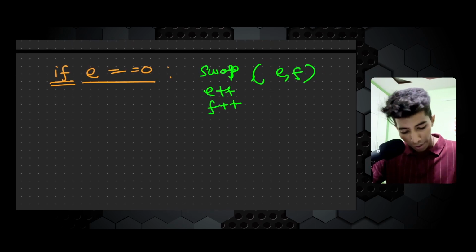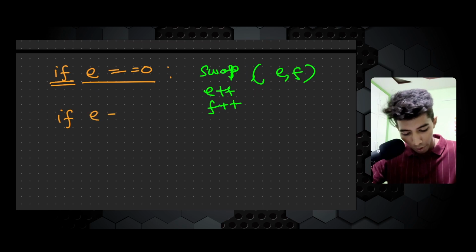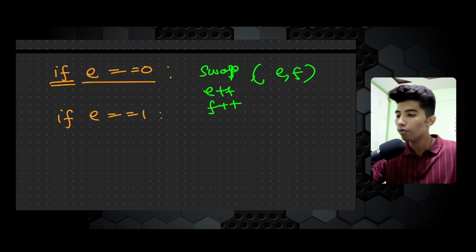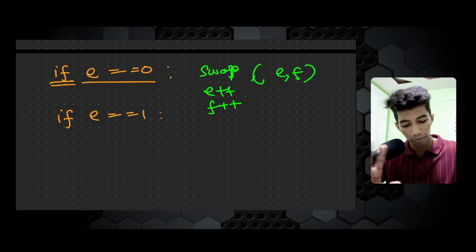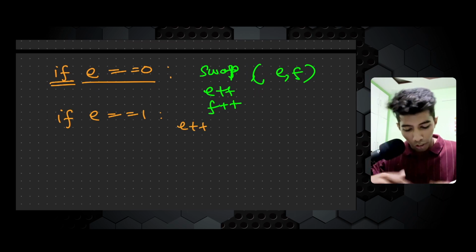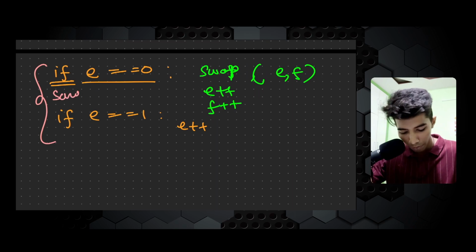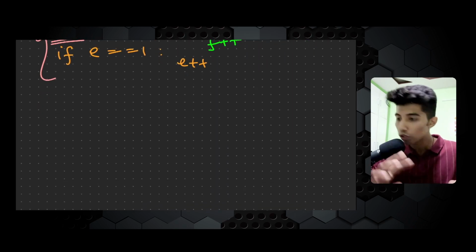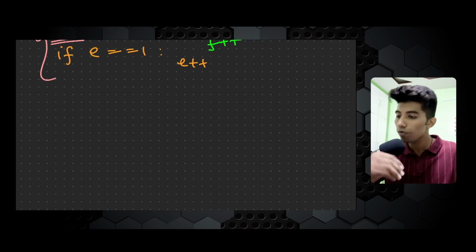Similarly, if my E is equal to 1, then what do I have to do? No problem, I just have to increment E. This is again the same condition, so these two conditions are the same. Now let's go further.